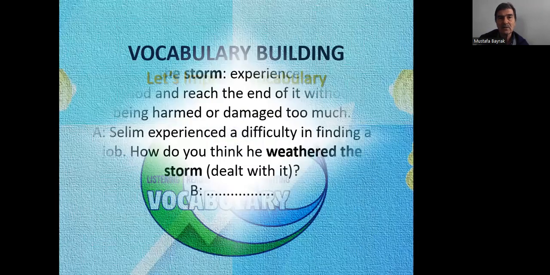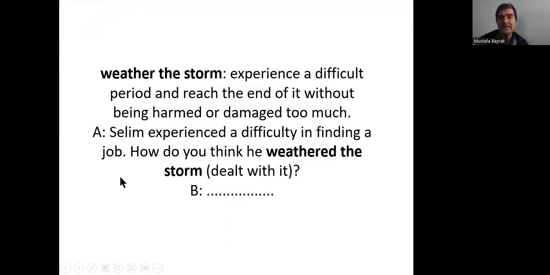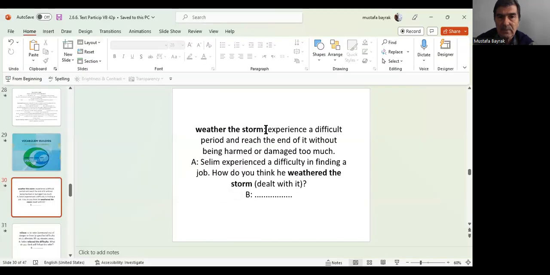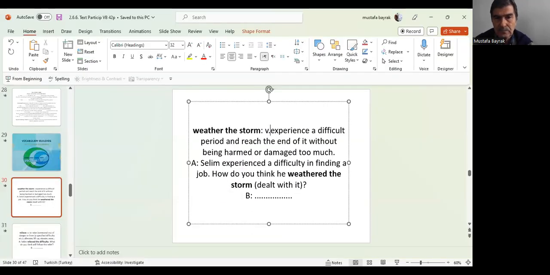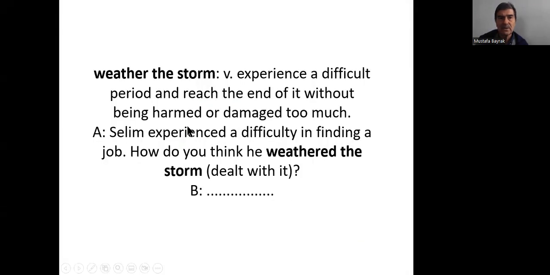Now let's focus on vocabulary. To weather the storm. Yes, as a verb. To weather the storm. It's a verb. Experience a difficult period and reach the end of it without being harmed or damaged too much. Selim experienced the difficulty in finding a job.